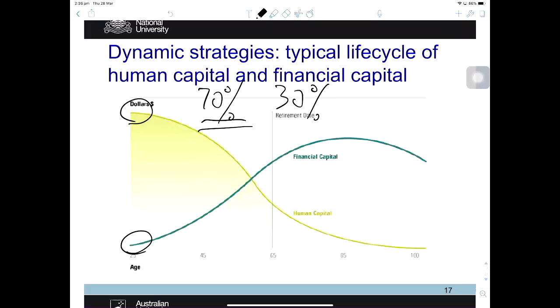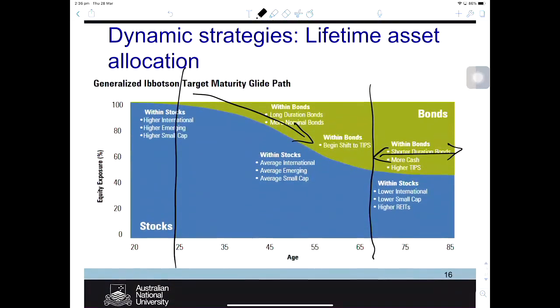So that's why we have this gliding path that goes from 100% exposure to growth assets in financial assets for young people, and reduces gradually to 50 or 60% when they retire.